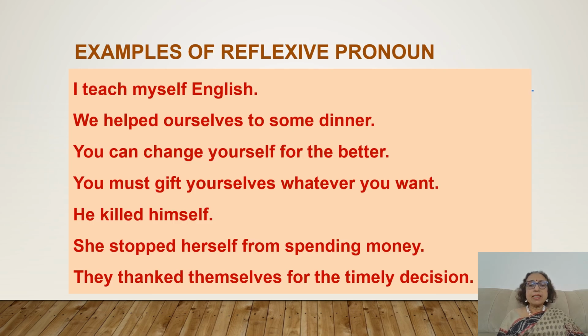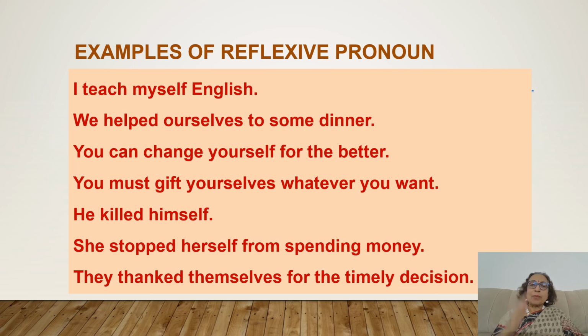We have already seen the words which come as reflexive and emphasizing pronouns. Let us now distinguish between them. What is the reflexive function and what is the emphasizing function? The reflexive function, as you can see from the word reflection, when you look at the mirror, what do you see? You see yourself. So that is what is reflexive.